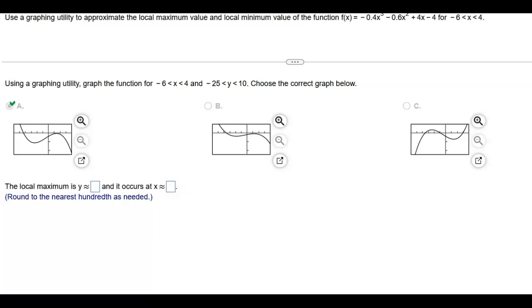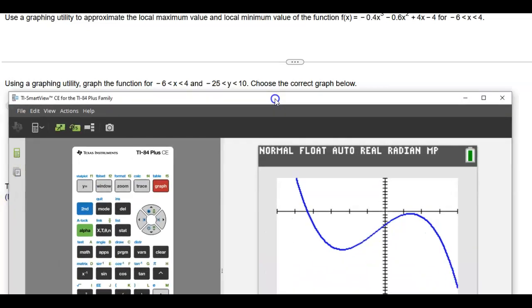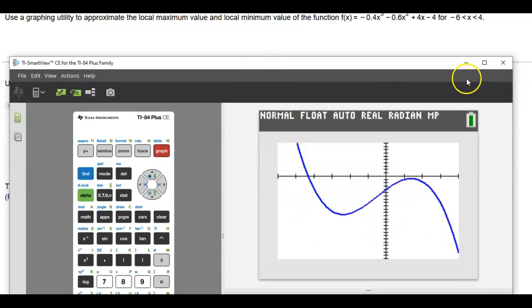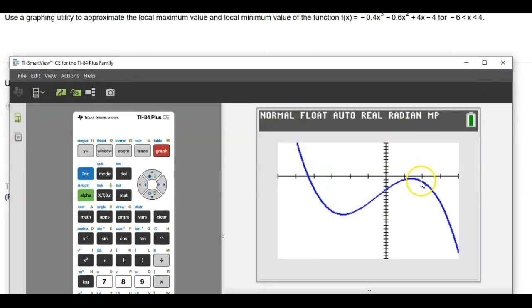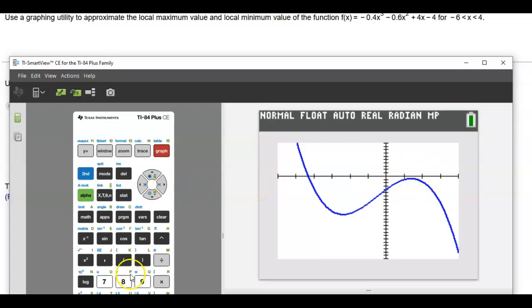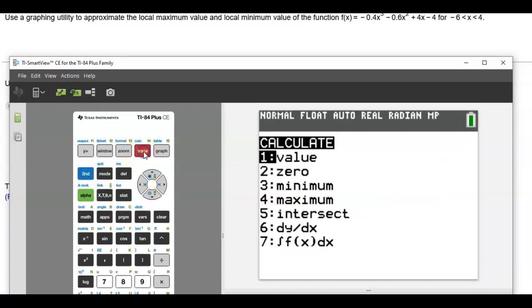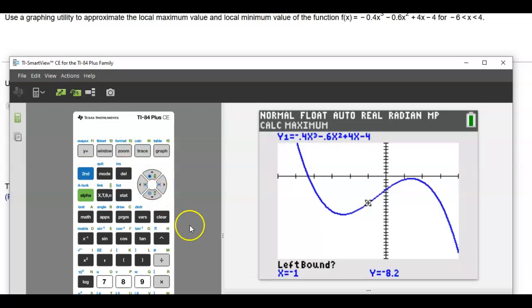So here we go. We want to find the maximum here. Local maximum, and we can see it's going to occur right about here. So what we want to do is do second trace, and we're going to go to maximum, hit enter, and then we're going to give it a left bound, so something on the left of that maximum, and then a right bound.